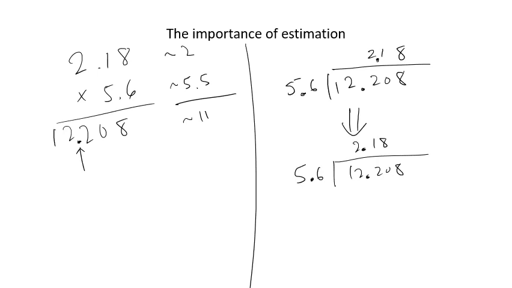So if a student were to accidentally do this problem this way and have the decimal point here before the 2, hopefully in the course of our instruction, we get them to look at their answers and ask themselves, does that seem like a reasonable answer?